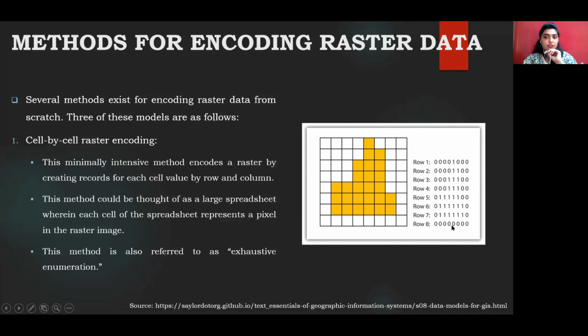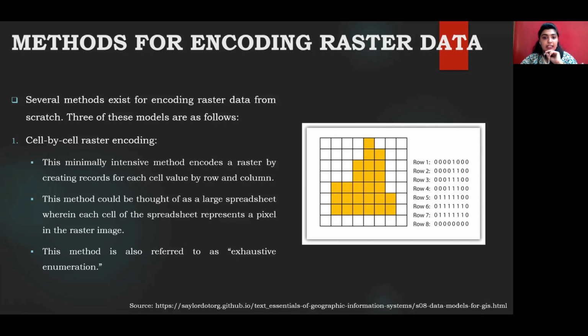So 0, 0, 0, 0 for all. So it stores value for each and every row and column, for each cell in the row and column. This is majorly, in terms of a large Excel sheet that you see, since such detailed values are being stored for each and every pixel in the row and column.